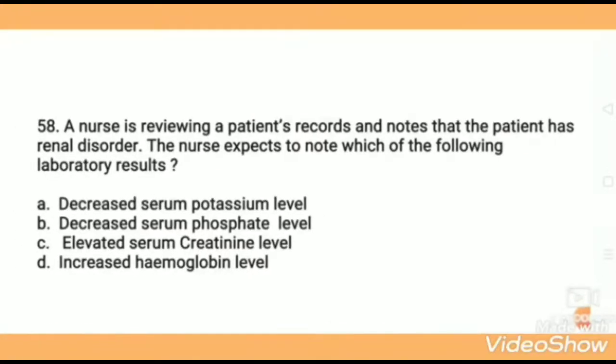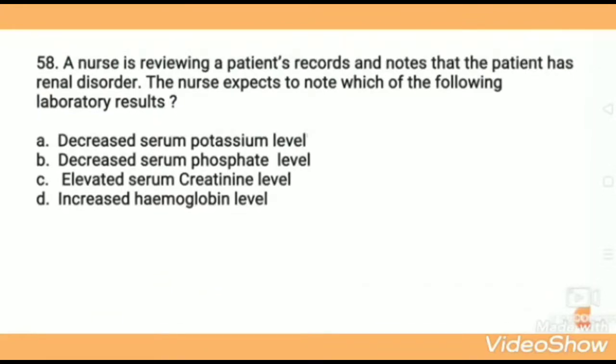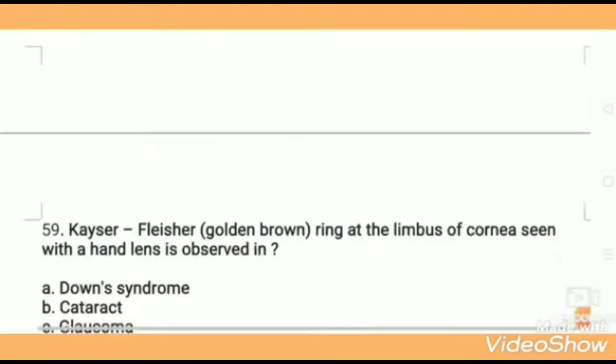So, the correct answer, the nurse expects to note elevated serum creatinine level. This is because as the kidney becomes impaired for any reasons, the creatinine level in the blood will rise due to poor clearance of creatinine by the kidneys. Next question.